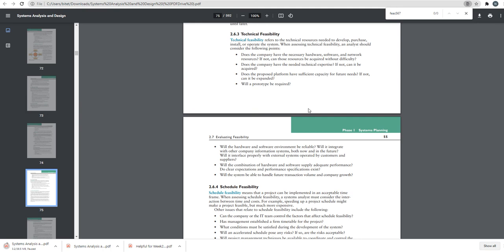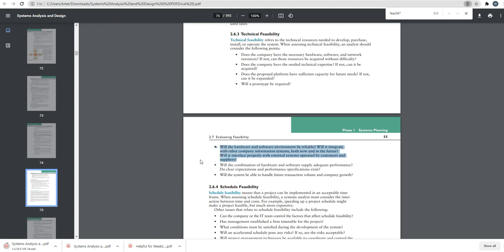Next, will the hardware and software environment be reliable? Will it integrate with other company information systems, both now and in the future? The application that is developed should be geared towards upgradation or integration with different applications, so this should be achieved.